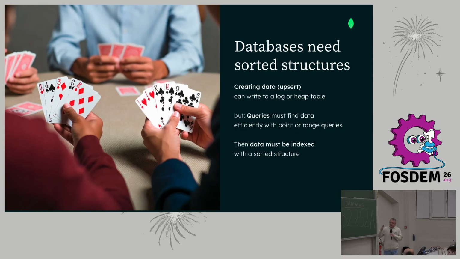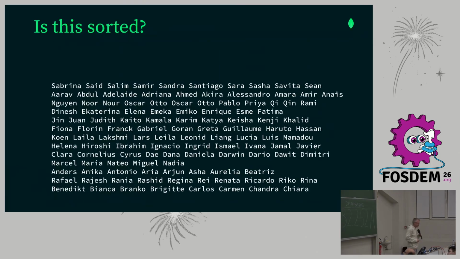So the data must be indexed because you query it, and it must be indexed with a sorted structure. And there is an additional constraint in most databases. You have a lot of data, so this sorted structure, the index, cannot fit entirely in memory. We need a structure that has some optimization for some parts in memory, but also when it comes from disk.